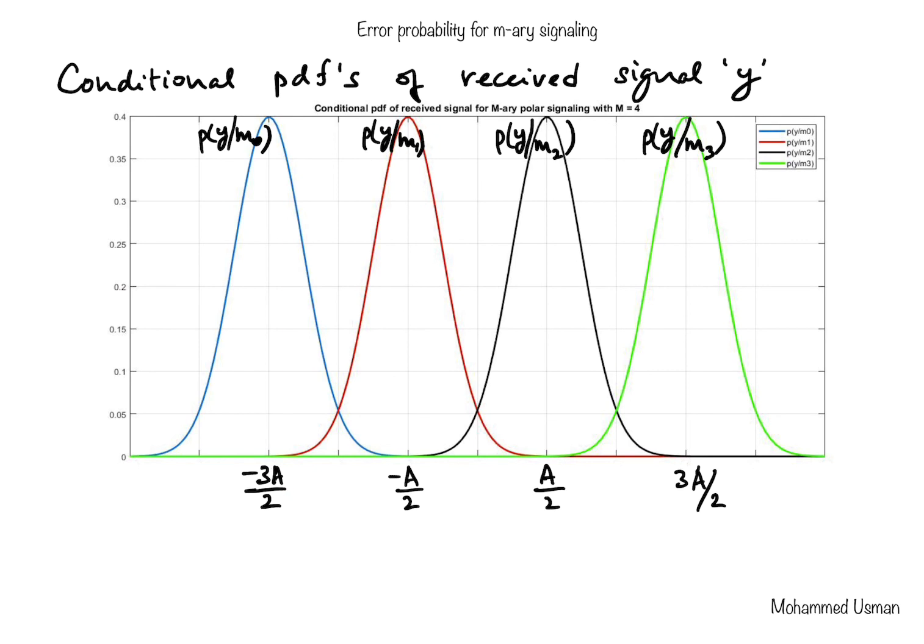When M1 is transmitted, the received signal has a mean value of minus A by 2, and when M2 is transmitted, the mean value is plus A by 2, and for M3 being transmitted, the mean value is plus 3A by 2. So now we have the conditional PDFs of the four received signals depending on what was transmitted, that is M0, M1, M2 or M3.